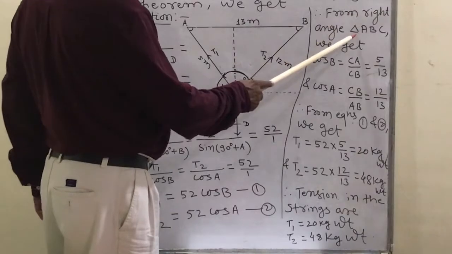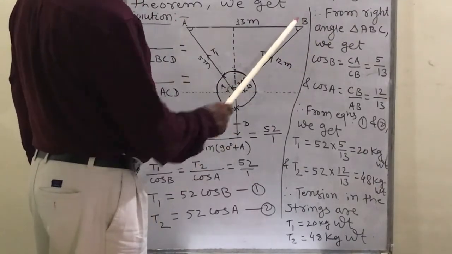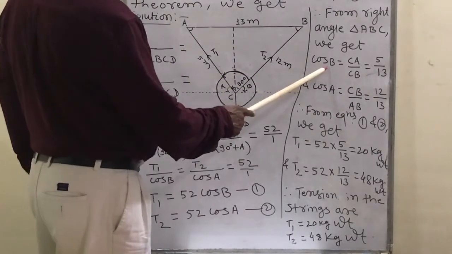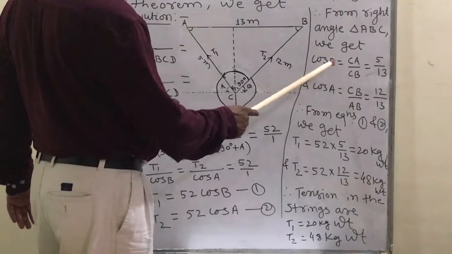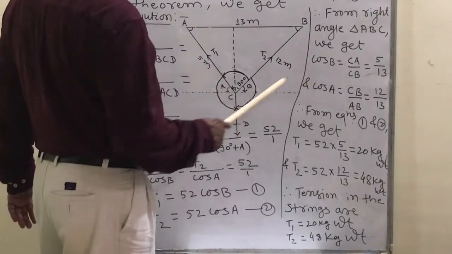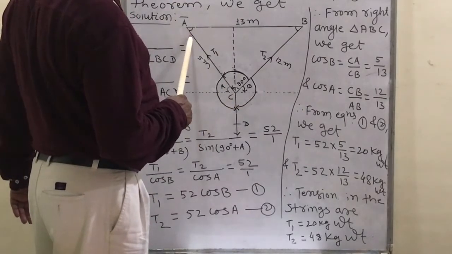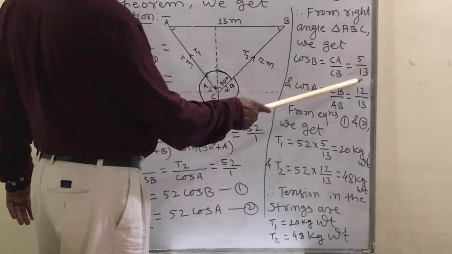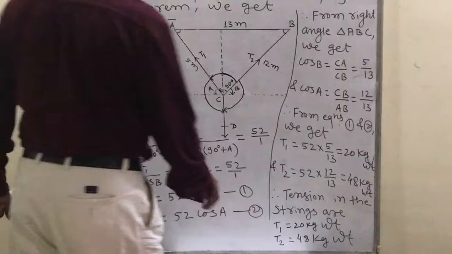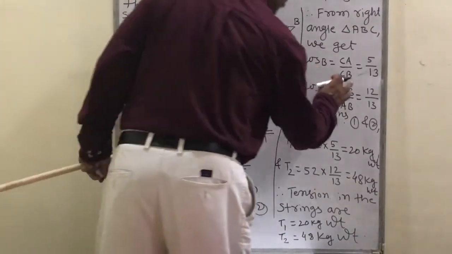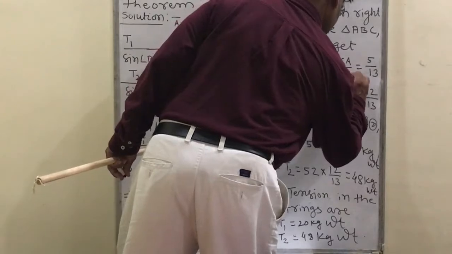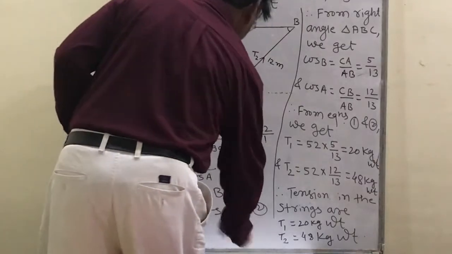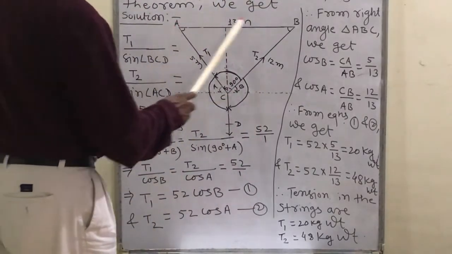Hence from this right angle triangle ABC, we get cos B, which is equal to CA upon AB.